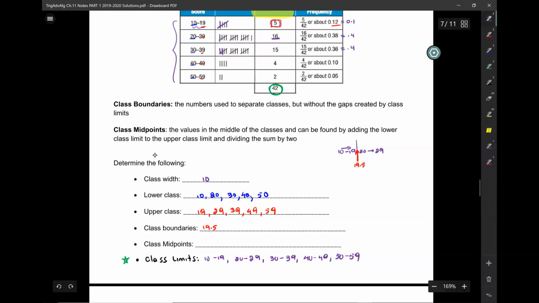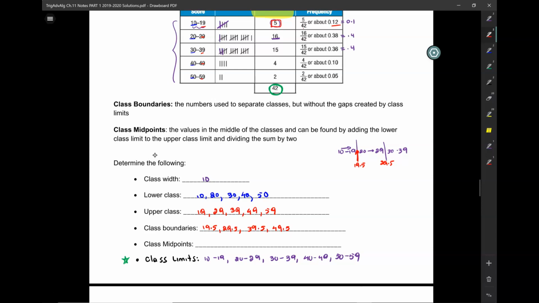Now the next one over is 29.5, 39.5, 49.5. And then we can end there.